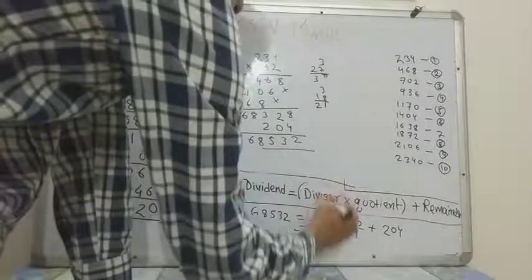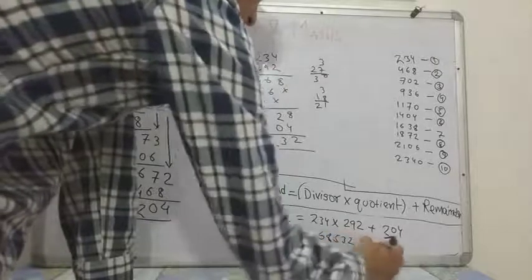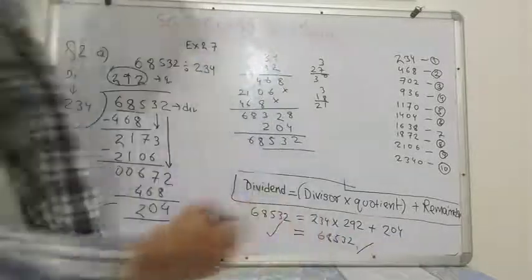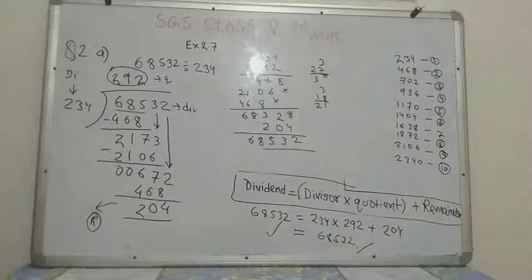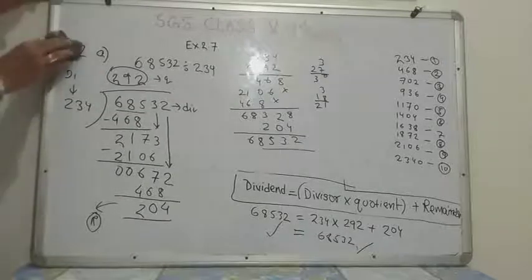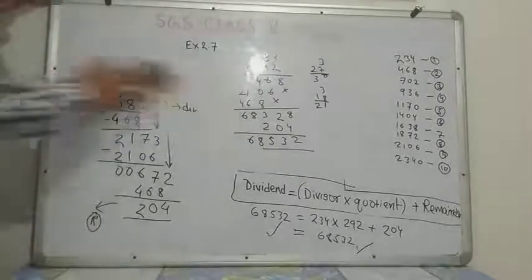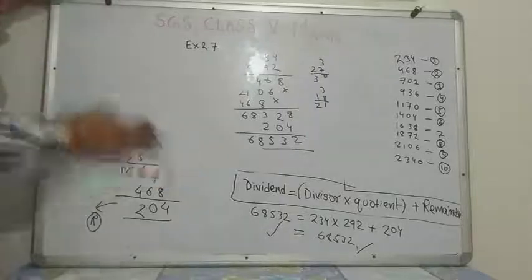So you can easily see this part and this part are equal. That means our division method is correct. Okay student, so these are the steps you have to follow while solving the questions in exercise 2.7. Now we are moving on to the next question, that is question number 3.